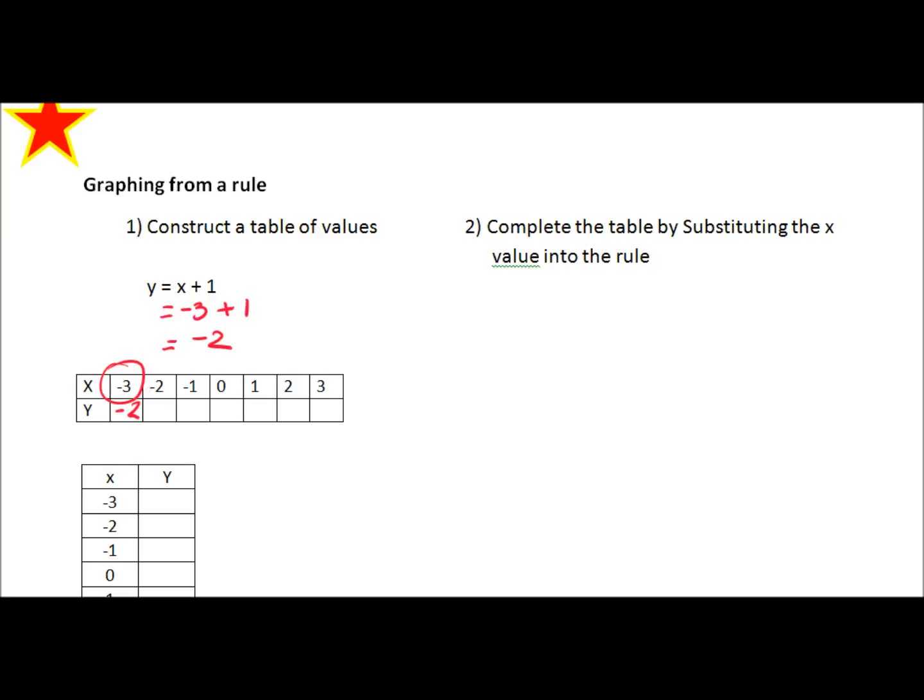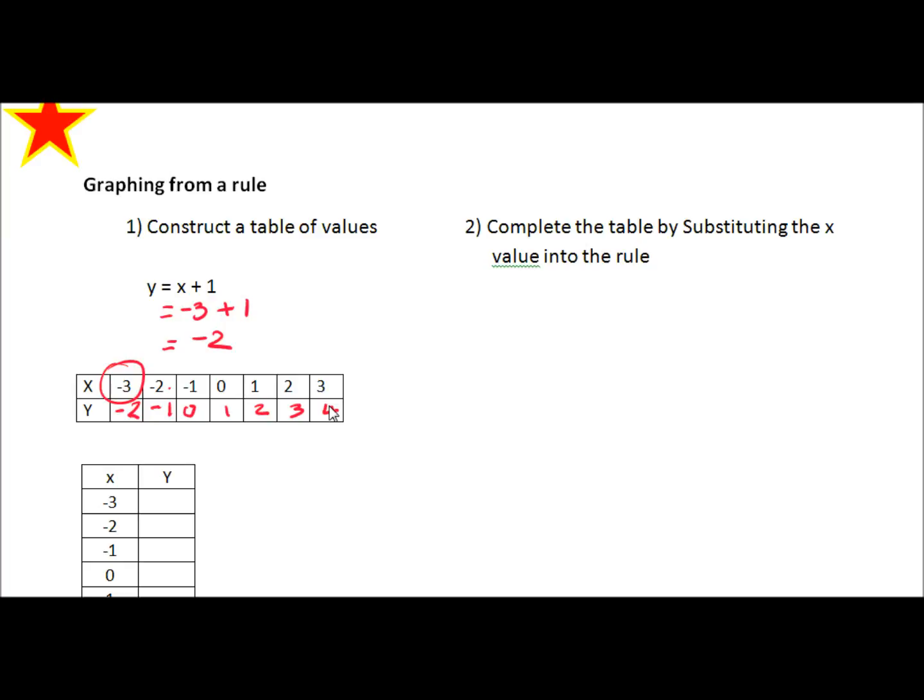I do the same for the next value of x. If x is worth -2, I place that into the rule and I get -1, and I continue along. Take -1, place it in the rule, I get 0, 1, 2, 3 and 4. Hence I've completed my table of values.